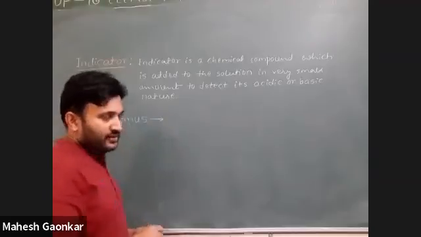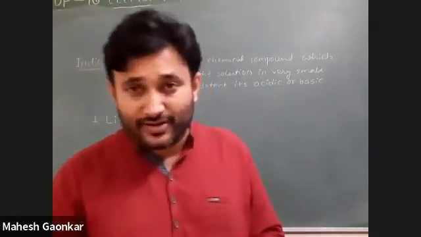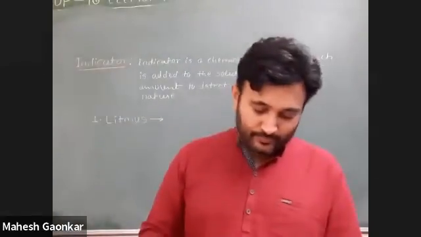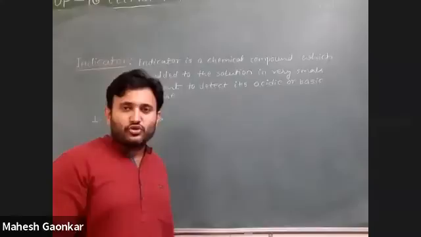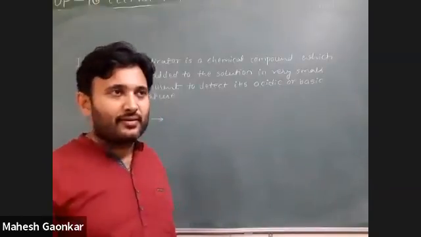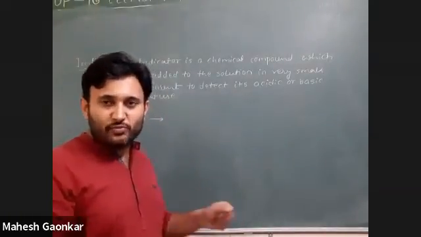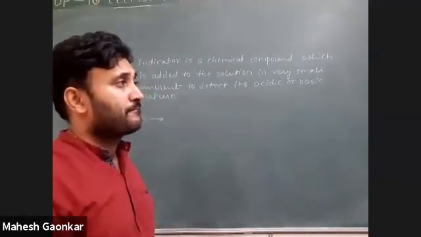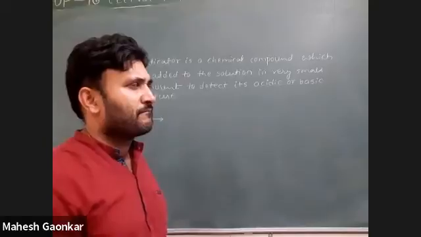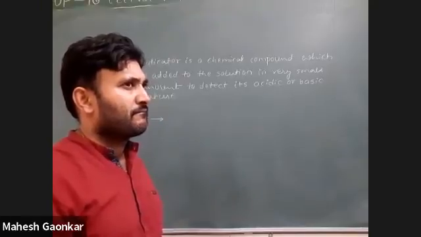There are two different colors in case of litmus, blue litmus and red litmus, right? So how is the color changed when we take acid? Sir, when litmus is added to acidic medium, it changes from blue to red.